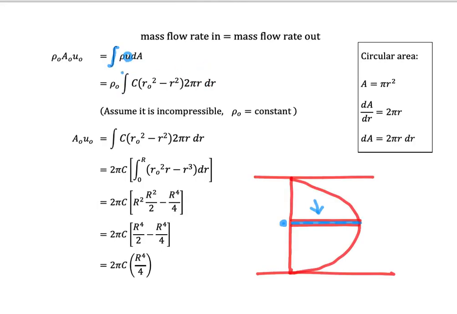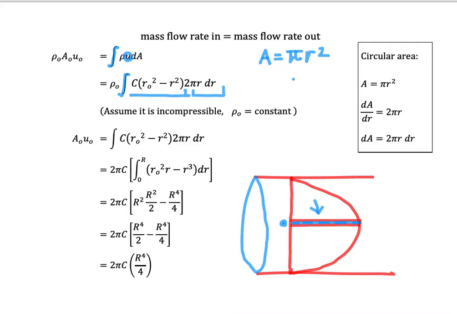So we substitute. The rho naught here is constant, so we could bring it outside the integral. Then we have the velocity, and we get the value of dA. dA here is 2 pi r dr. Where does it come from? We know that the pipe is always circular, so the area A is pi r square.